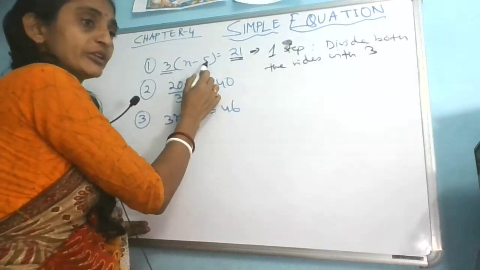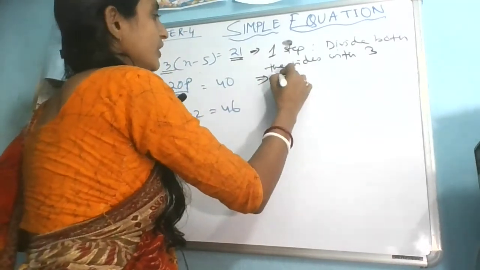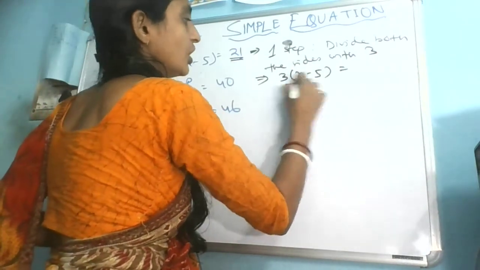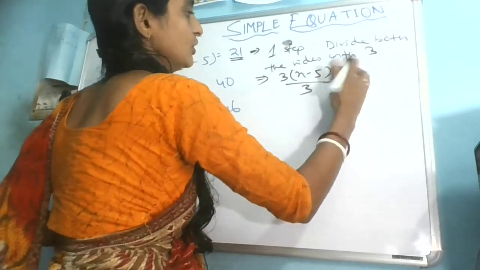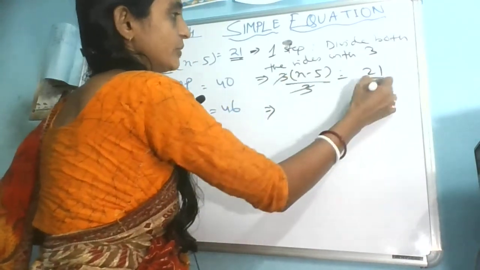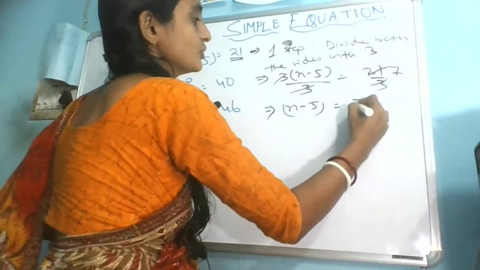So what will be remaining? After dividing this one, what I will get? If I am dividing 3 into n minus 5 by 3, here it will be 21 by 3. So in the next step, it will be cancelled, it will be 7. So I am getting n minus 5 equal to 7.